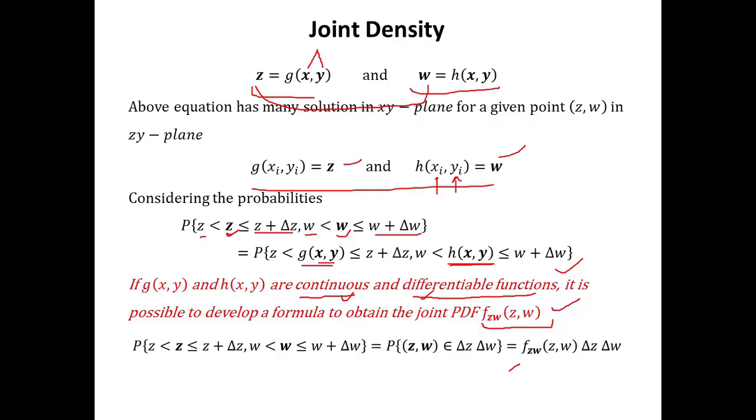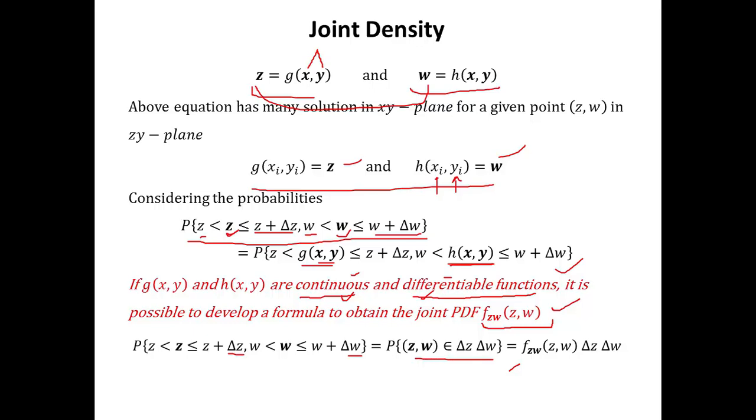Let us say g(x,y) and h(x,y) are given in such a manner that these two constraints are satisfied. For that scenario, we will have this probability that z takes a value between z and z plus delta z, and w takes a value between w and w plus delta w, which is equivalent to the probability that (z,w) belongs to the region delta z times delta w.